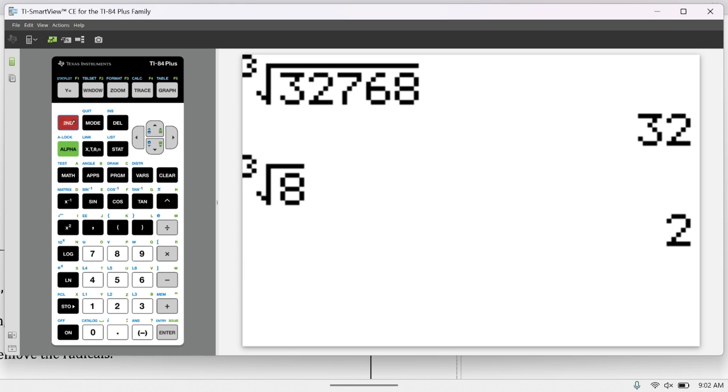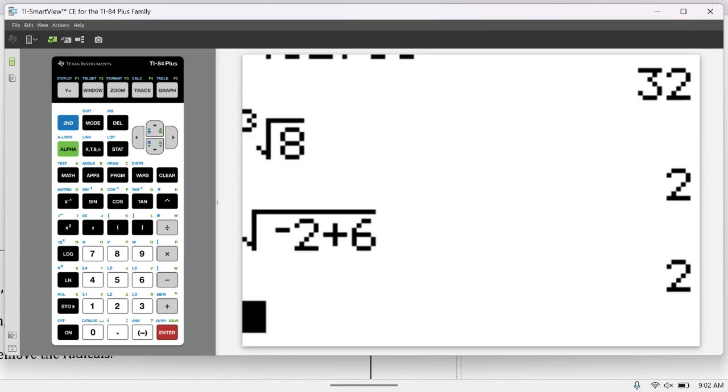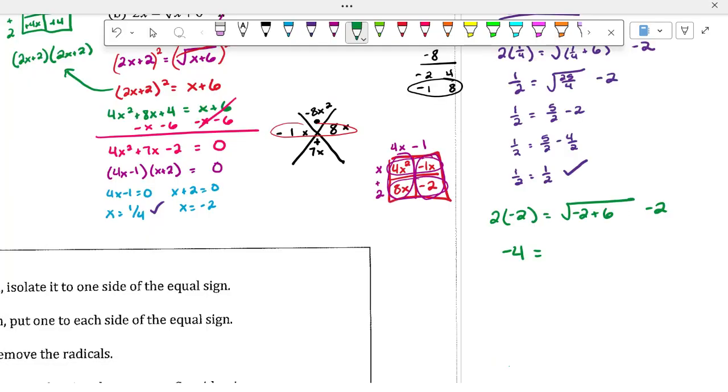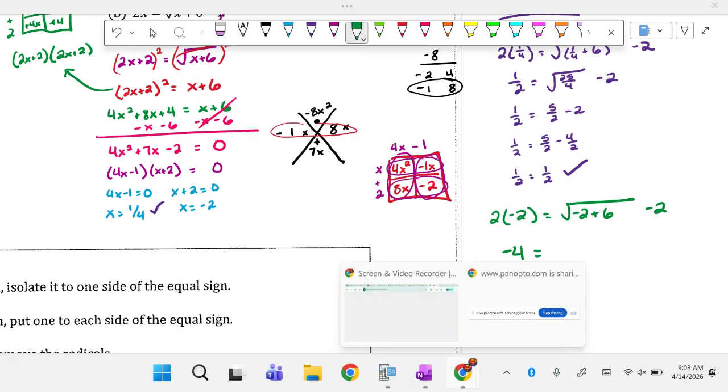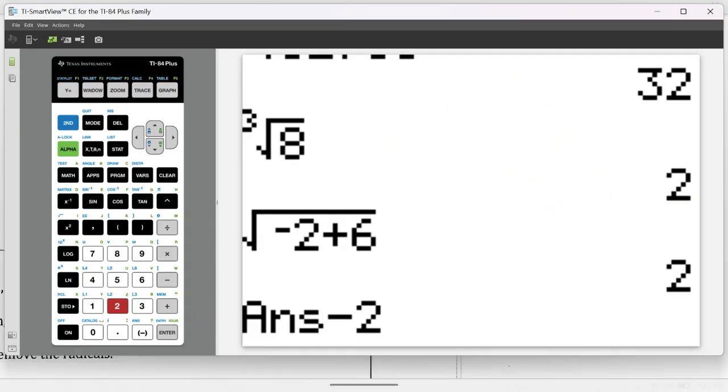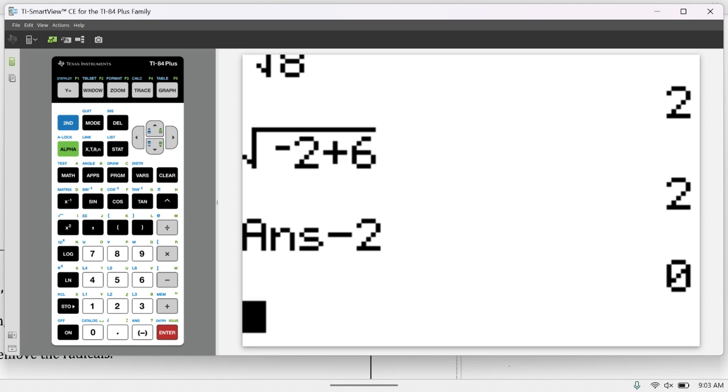I have the square root of negative 2 plus 6 and then minus 2. Is it plus 2 or minus 2? Minus 2, yeah. It's 0.